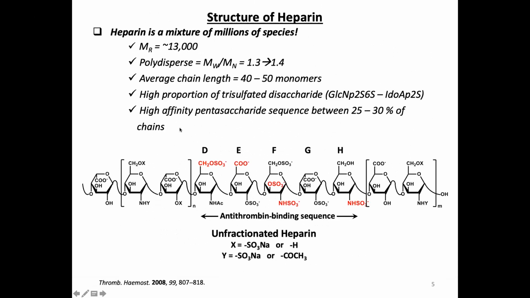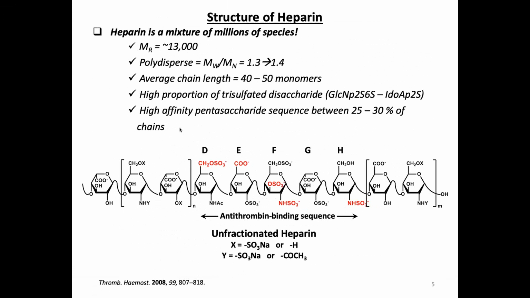I forgot to mention that although I'm showing you the structure here, this was discovered in 1916. And we now know fairly well the structure of heparin. But if you say, I have a chain of heparin, what is the structure of that chain? We still don't know.